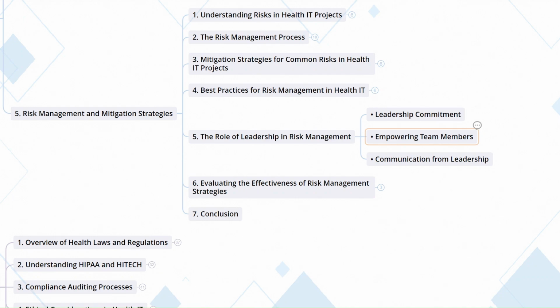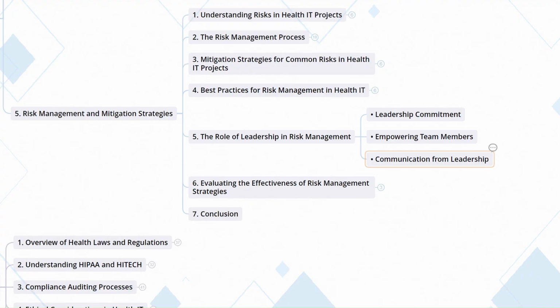Leaders should empower team members to take ownership of risk management by encouraging them to identify risks and contribute to developing mitigation strategies. Fostering a sense of responsibility ensures that risk management becomes an integral part of the day to day operations.